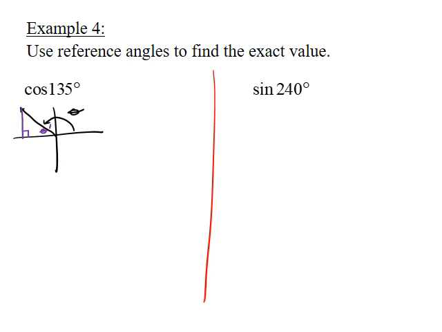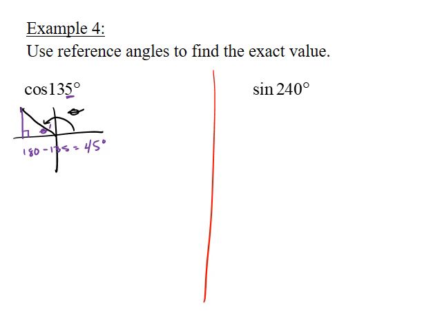You just want to see how much further this terminal side needs to go to make 180 degrees. So you will take 180 minus 135 and you will find that it's 45 degrees. Again, if this is a 5, your reference angle is likely 45 degrees.